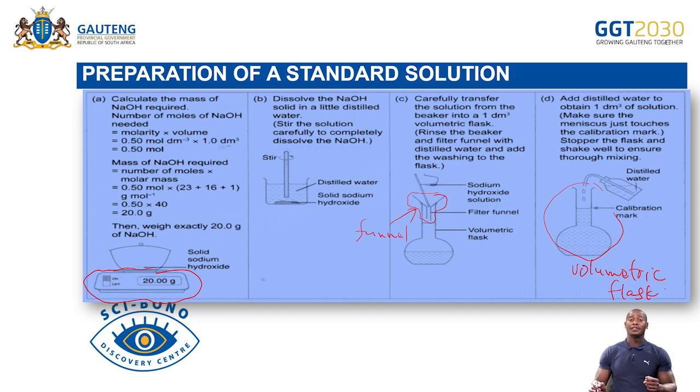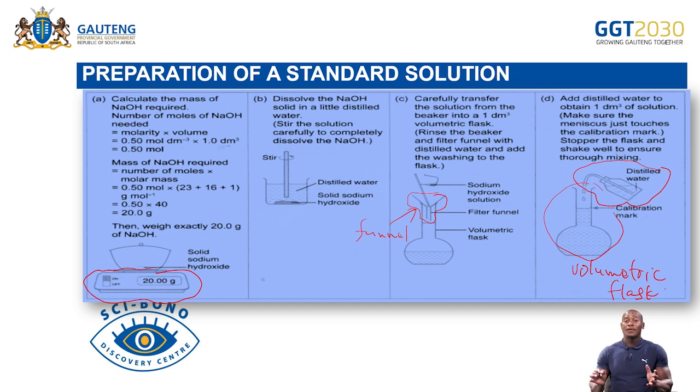Oh, we also need distilled water. So this is a squeeze bottle which contains distilled water. So these are the important apparatus that you need.